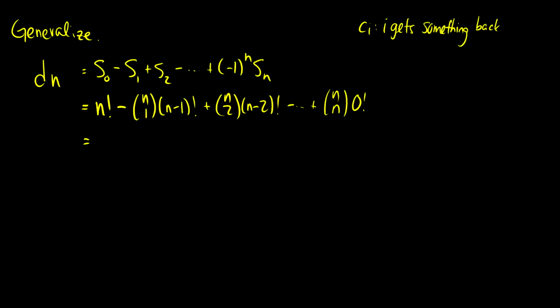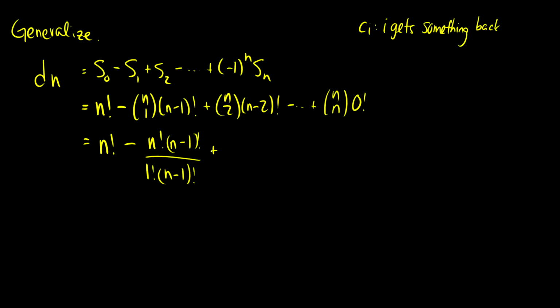Okay, let's take a look at this. Let's expand this a little bit. We have n factorial minus n choose 1, which is n times n minus 1 factorial. I'm going to expand this: n choose 1 is n factorial over 1 factorial n minus 1 factorial.